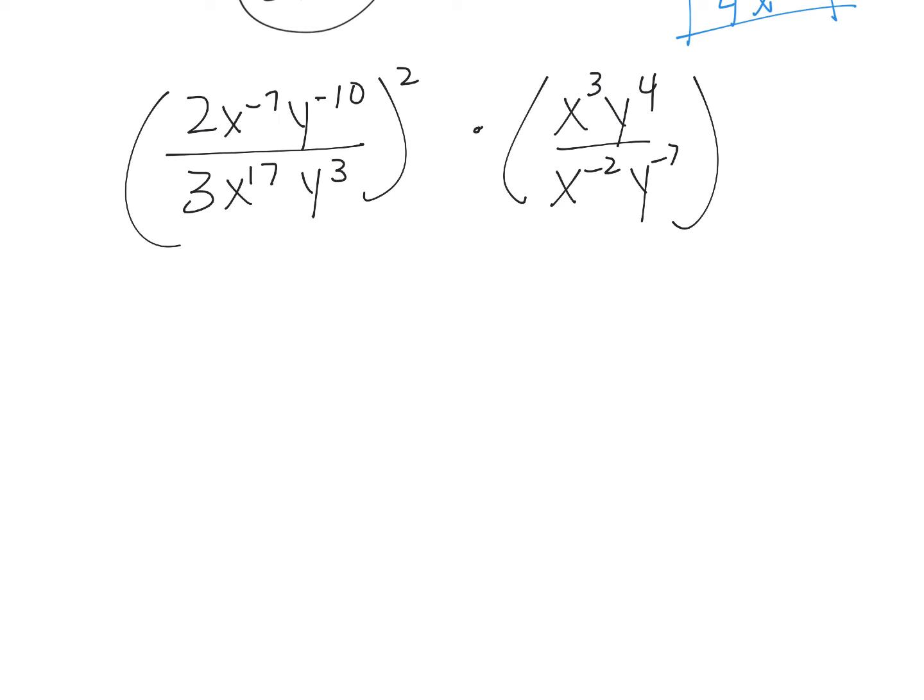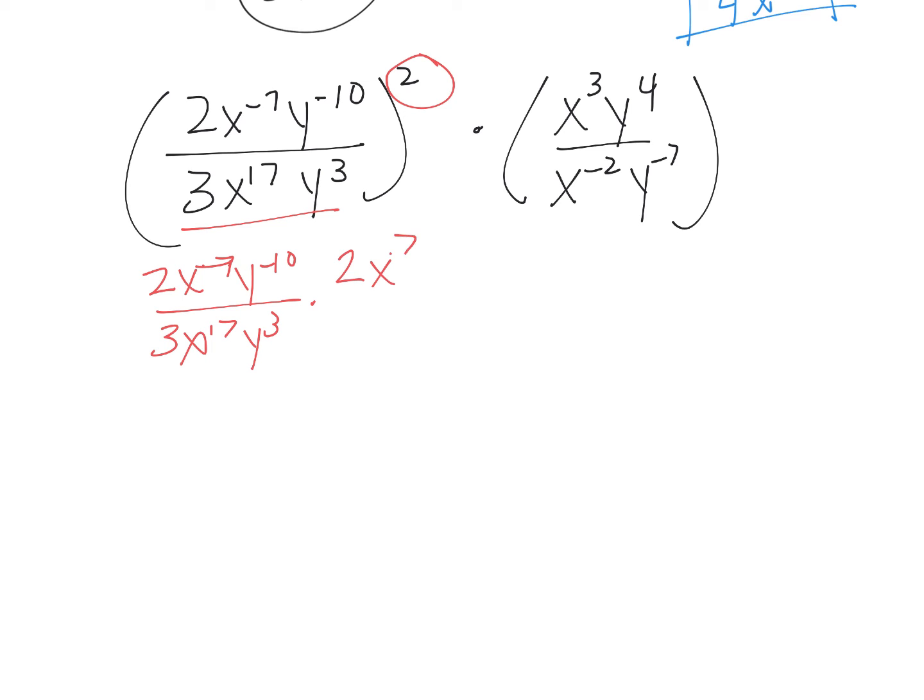Okay, so we're going to focus on this power of 2 first. So remember, that means multiplying this base by itself twice. So 2x^-7 y^-10 over 3x^17 y^3, and again, we're going to multiply it again by itself, and then we have 3x^17 y^3.